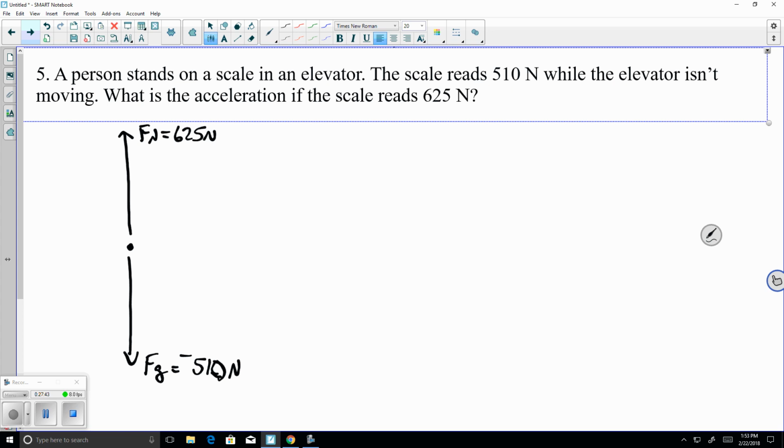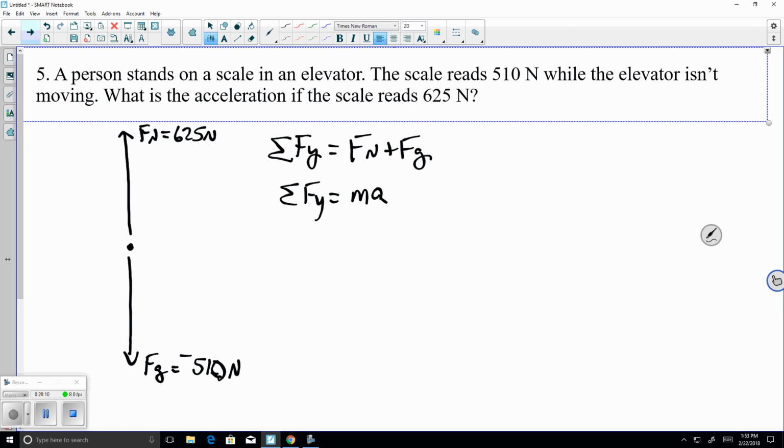Okay, so the next thing we do, we've got no angled forces, so we don't need to worry about that. Write an equation for the sum of forces in x or y. This is going to be in y. So the sum of forces in the y direction is going to equal Fn plus Fg. And the sum of forces is also equal to the mass times acceleration.